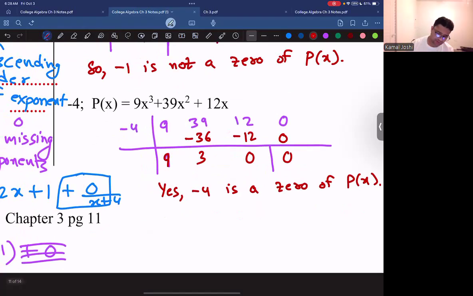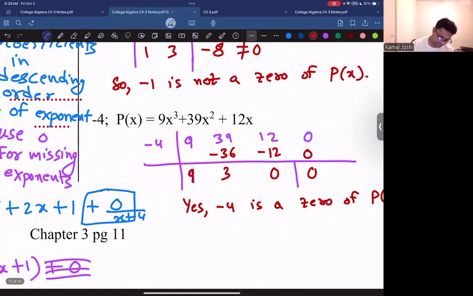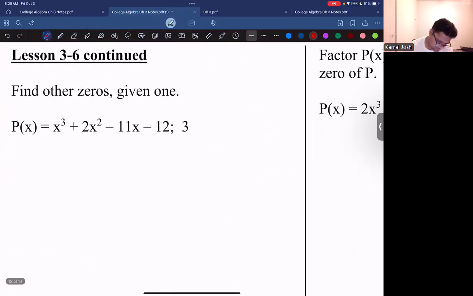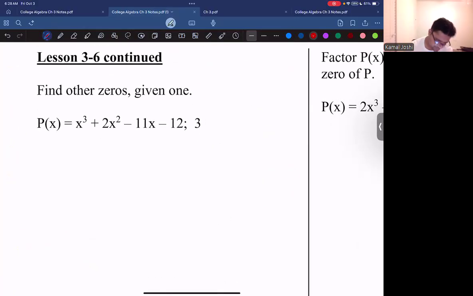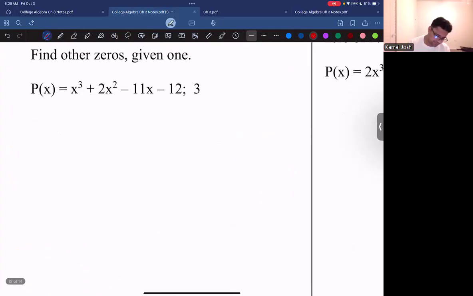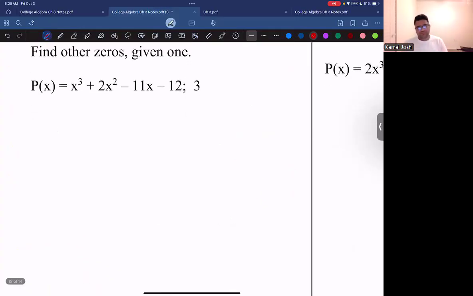We will move on to the next page. Find other zeros given 3.